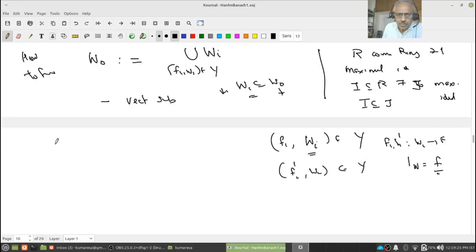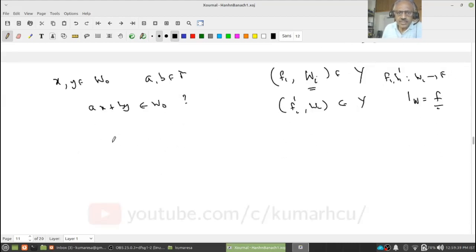Why? Suppose I start with x, y in W naught and scalars, let us say a and b. Then I have to prove ax plus by is in W naught. Now notice that x belongs to W naught. By the definition there is an i so that x belongs to Wi, and similarly there is a j so that y belongs to Wj.